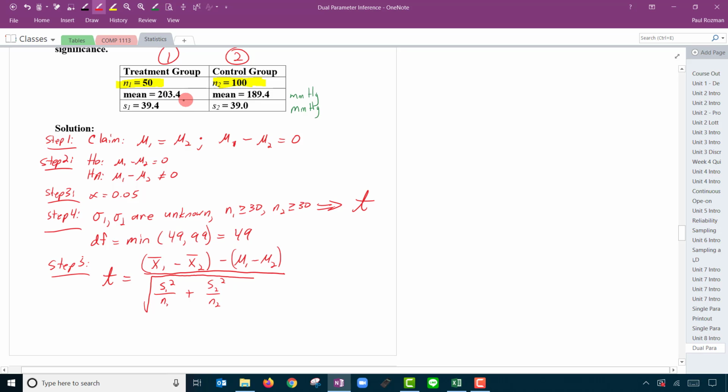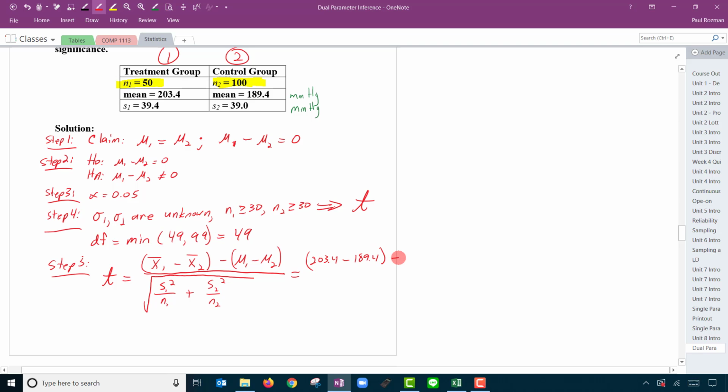Plug all our values in here. X bar 1 is 203.4. X bar 2 is 189.4. Mu1 minus mu2 is 0. S1 is 39.4. S2 is 39.0, and we know our n's. So 203.4 minus 189.4.